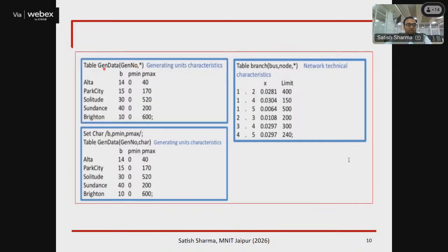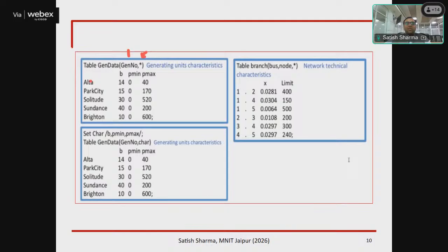If you look at this first table, it is basically the table name, and gen data is the name of the table, and one index is generator number, and the other index is kept as a star. We don't know what those indices will be, so we are keeping them as a star. And the description is generator unit characteristics.